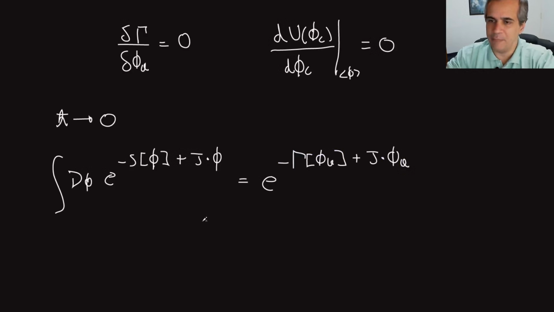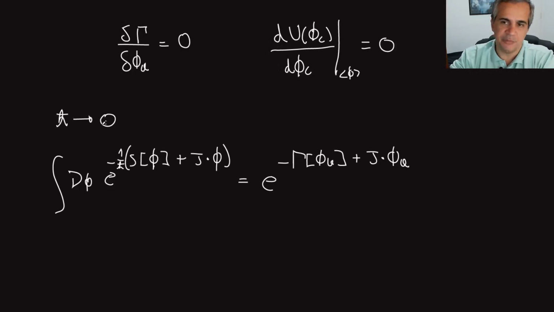But let's see what happens with this equation in this limit. We know that if I go away from the natural units, there would be a 1 over h bar here, and that means that if I take this to 0, this becomes a very big number, which increases a lot the exponential suppression for any configuration of the field that is not an extreme of the action, right?